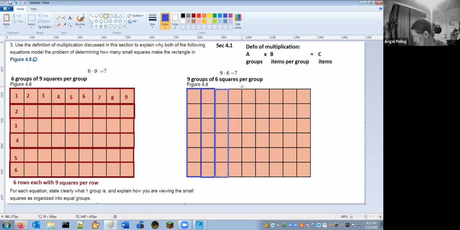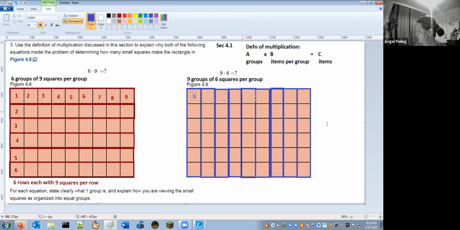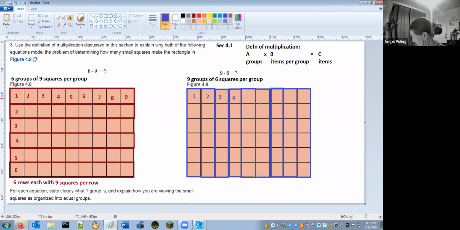We'll have 1 through 9 across the top and 1 through 6 going down. But this time we're grouping the columns. Okay, so this time we have 1, 2, you know where I'm going with this. Nine columns.